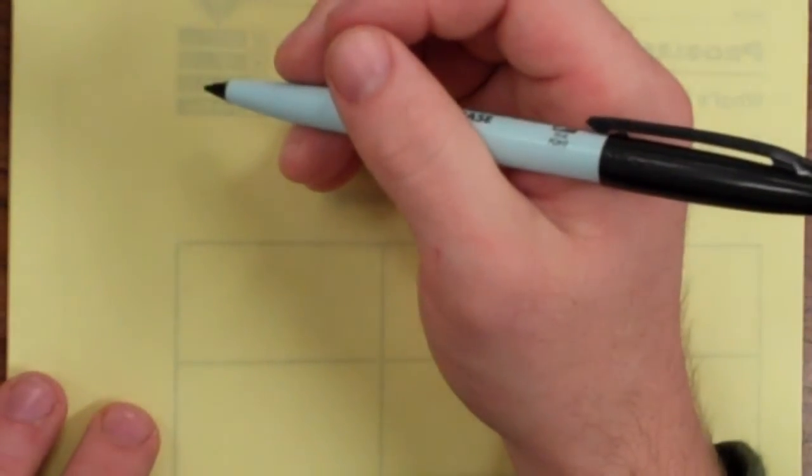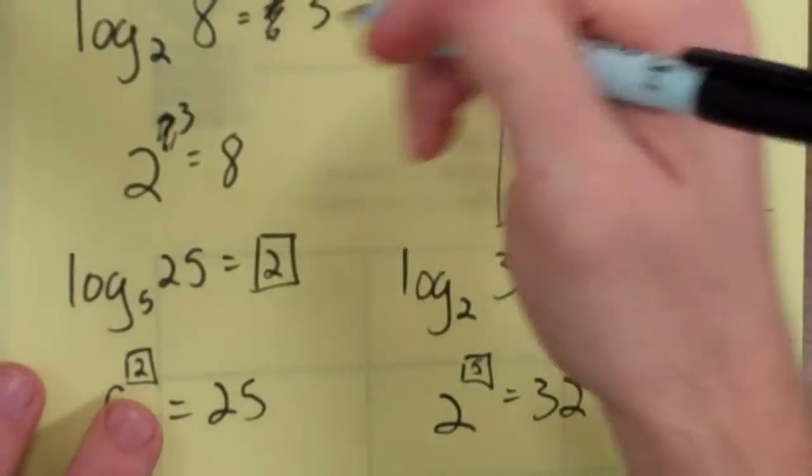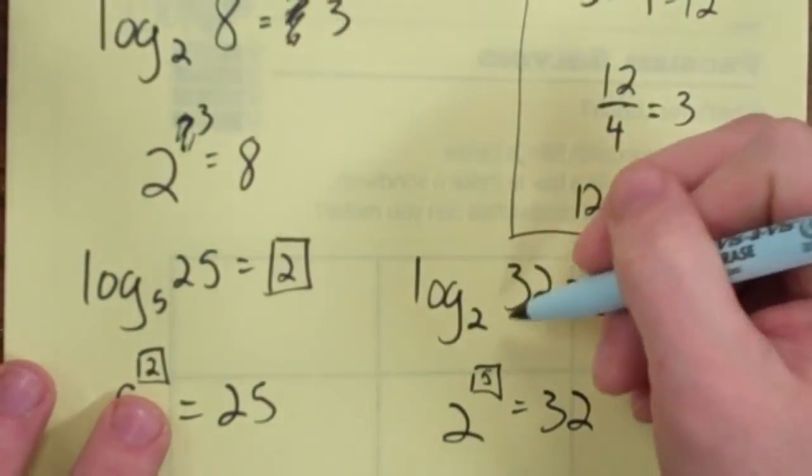So let's talk about two different logarithms. You'll notice that with each of the previous problems, I always said log. And first of all, this is how you say these things: log base 2 of 8. Log base 5 of 25. Log base 2 of 32.